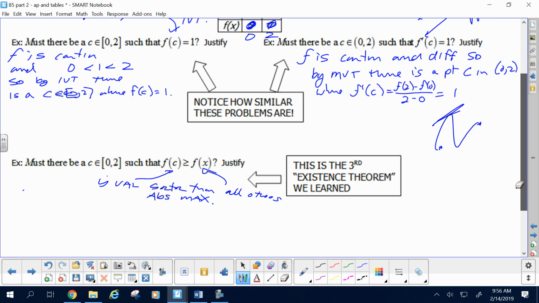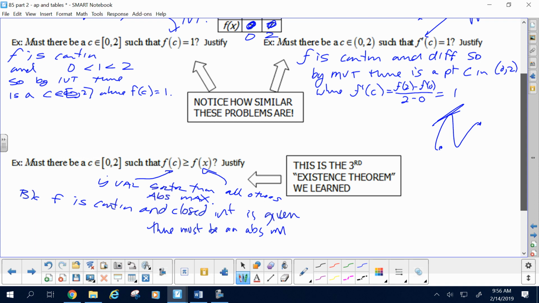So you'd say something like, because F is continuous and a closed interval is given, there must be an absolute max. That is not very common.